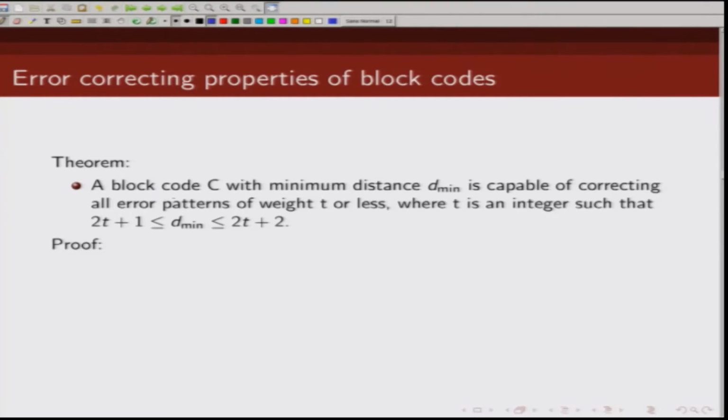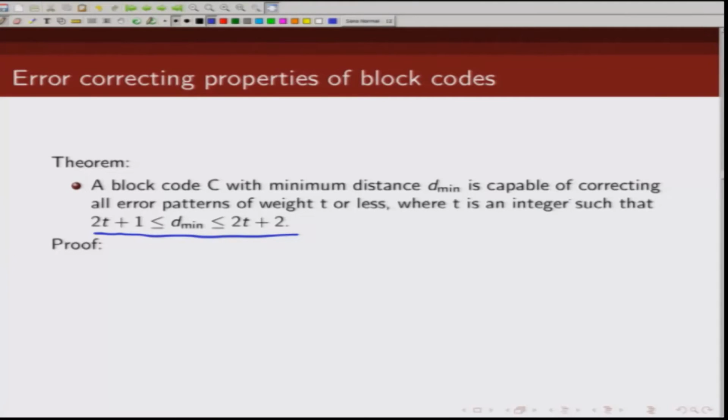If we have a linear block code C whose minimum distance d min satisfies the relation 2t plus 1 less than or equal to d min less than or equal to 2t plus 2, where t is an integer, then it is capable of correcting all error patterns up to weight t. So, let us prove this result.